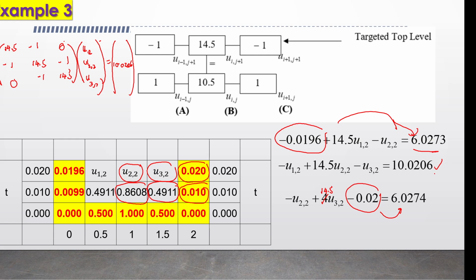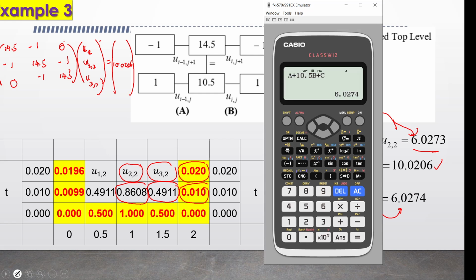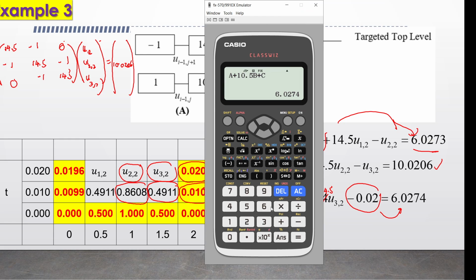For the right-hand side, for the first and last equations, make sure you take care of your left boundary and right boundary. For the vector B, the first is 6.0273.